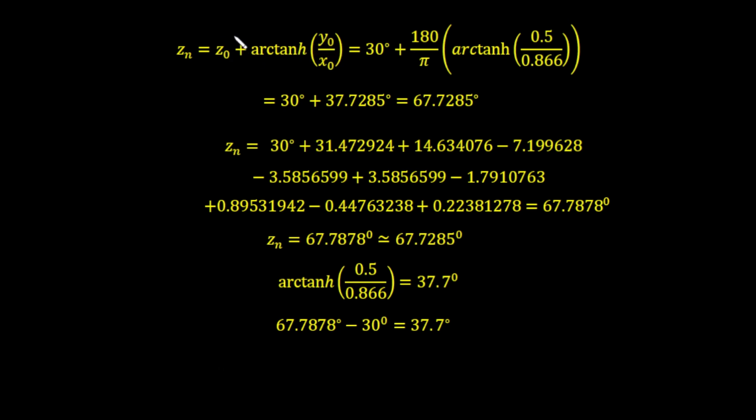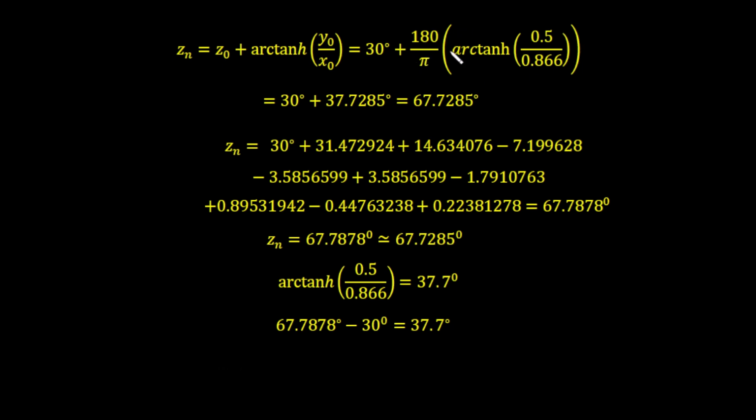So we start off with a value Z0, and we'll put it in degrees, so that's 30 degrees. And we're going to have the arctangent of y0 upon x0, where y0 was 0.5 and x0 is 0.866. But we're going to have to convert this from radians into degrees, so we do that by multiplying by 180 and dividing by pi.